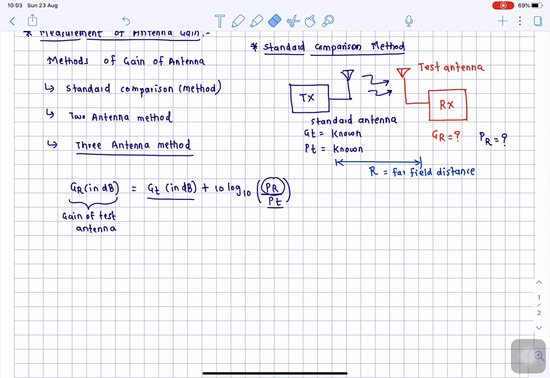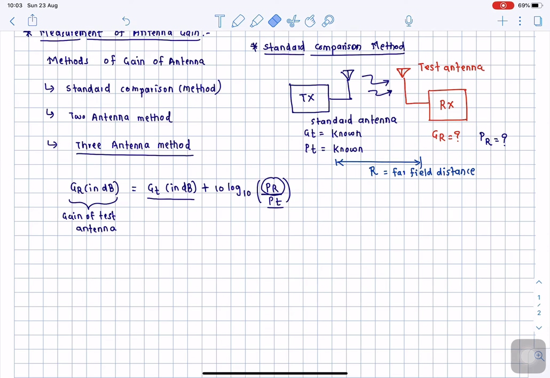This method is very accurate because in the second method, the two antenna method, unless and until the two antennas are exactly identical, whatever value of gain that we calculate is not going to be accurate. So in order to overcome this problem of the two antenna gain method, we will develop another technique. We call it the 3 antenna gain method.